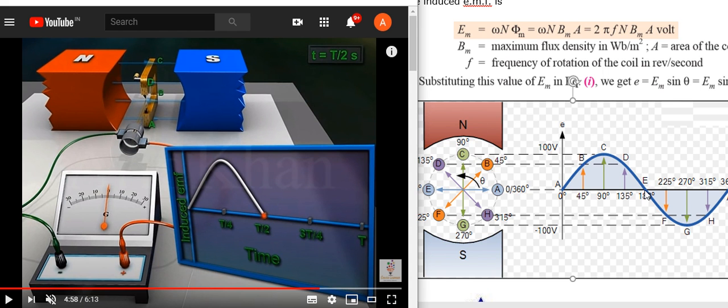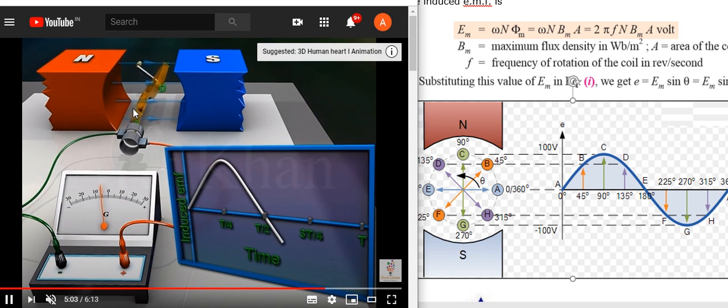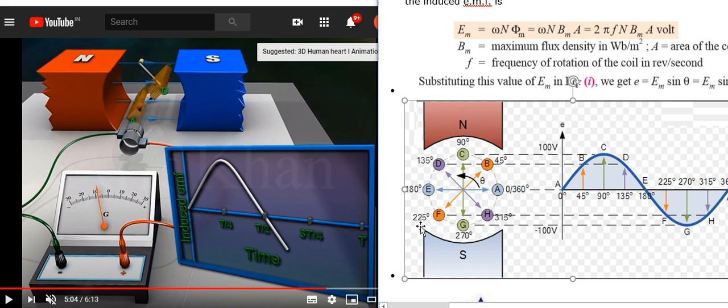Sin 180 is 0, so the EMF induced is also 0. Next it rotates in the negative direction, through an angle of 225 degrees. The EMF induced is Em sin 225, a negative value, minus sin 45. So this will be the point.